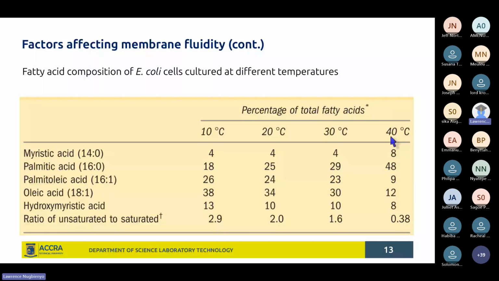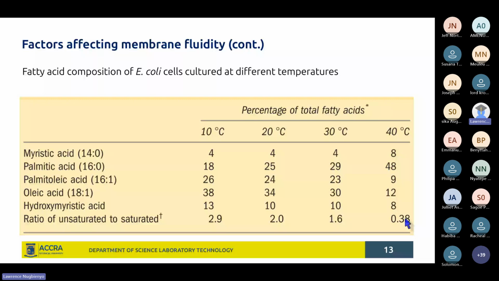Already the temperature, 40 degrees Celsius, is high enough to agitate the lipid molecules, making it more fluid. And so there will not be the need to have more unsaturated fatty acids there. To compensate for that, the bacteria will rather need more saturated fatty acids in the membrane.